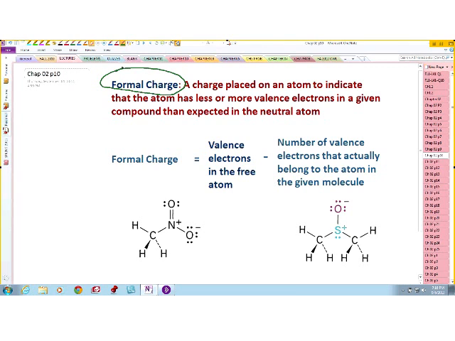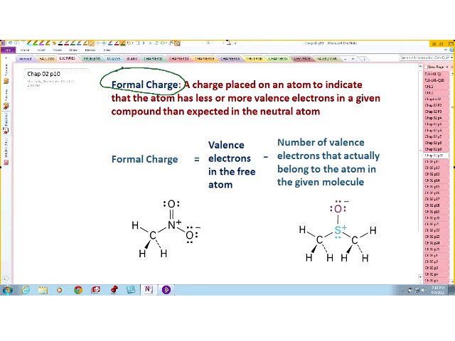Sometimes the atoms in a given molecule may obey the octet rule, but may not obey the valence rule. In that case, you have to indicate a formal charge. It may obey the octet rule, but it may not obey the valence rule.